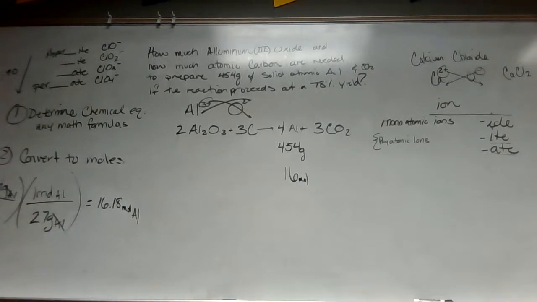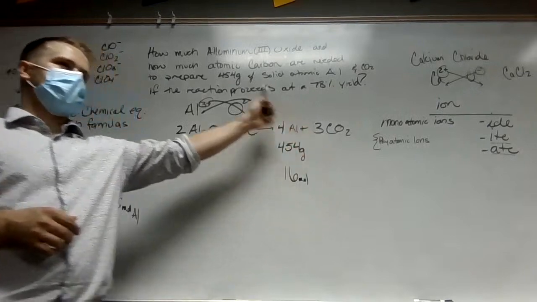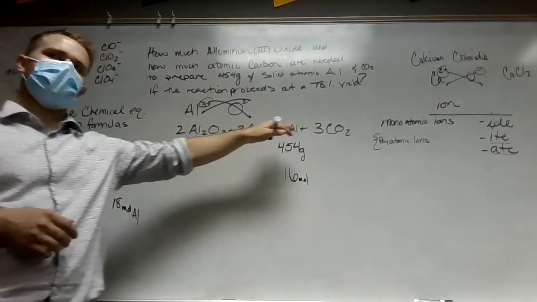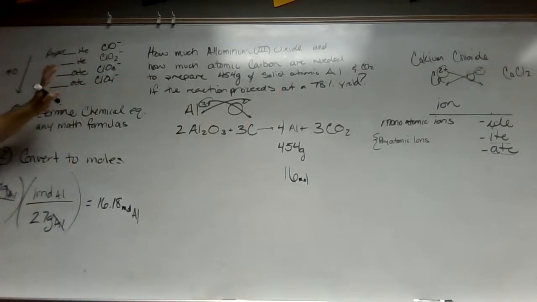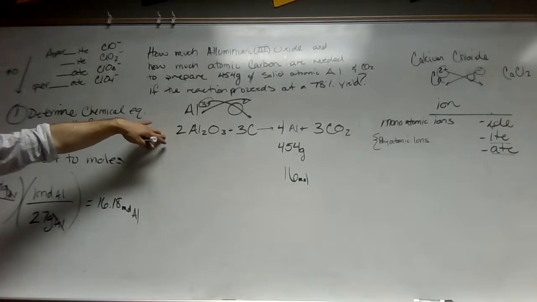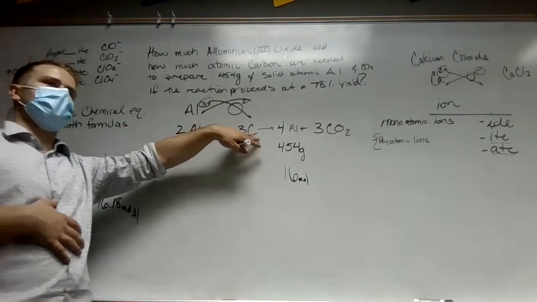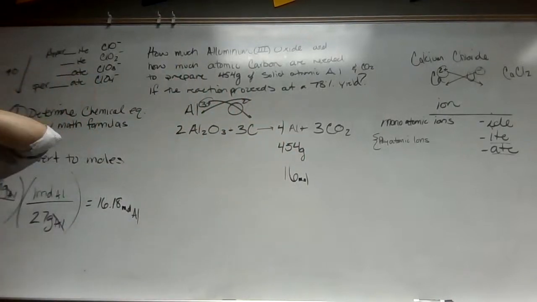Yeah, moles. So we have our stoichiometric coefficients. Right? Do you understand what those mean conceptually? So we have two compounds of aluminum oxide. We're going to need 3 atoms of carbon to help it, to make this reaction proceed. Everybody good there?